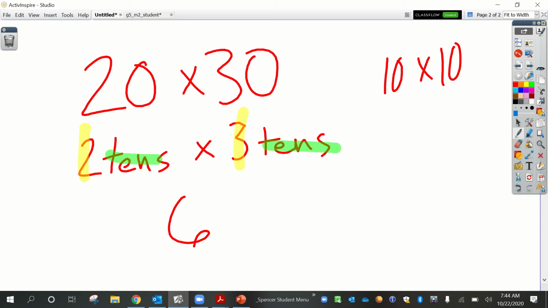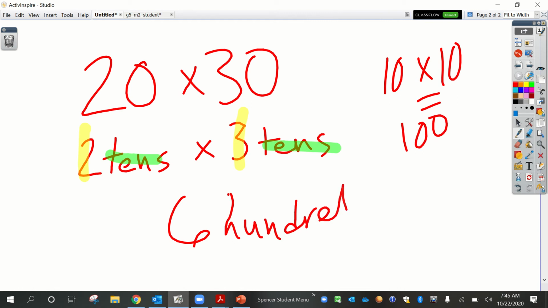What would our tens times 10 be? Well, yeah, that would be hundreds. So we know that tens times 10 equals hundreds, so we can say 600s. So that's one way we could do it, and then convert this back into standard form, right?